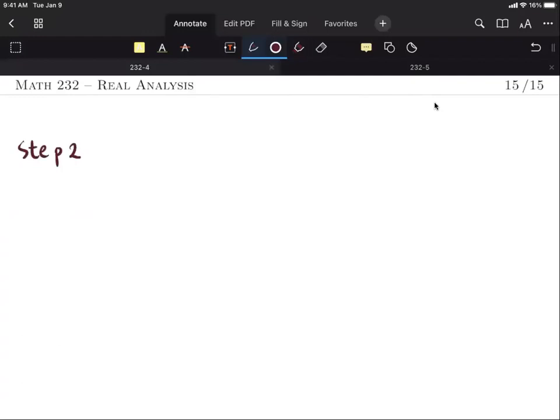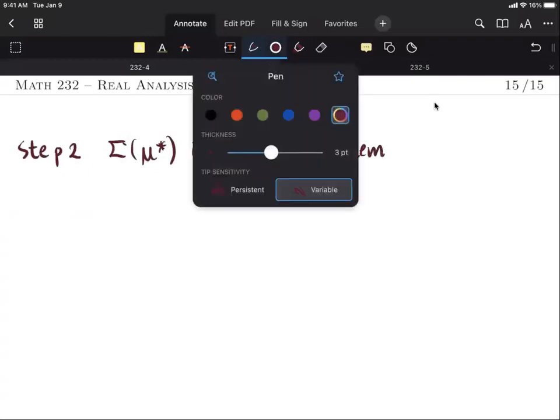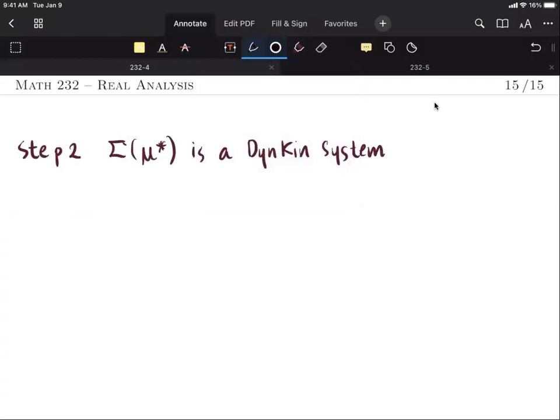For the second step, we would like to establish that the collection of measurable sets is a Dynkin system. And how does this imply that sigma of mu star is indeed a sigma algebra?